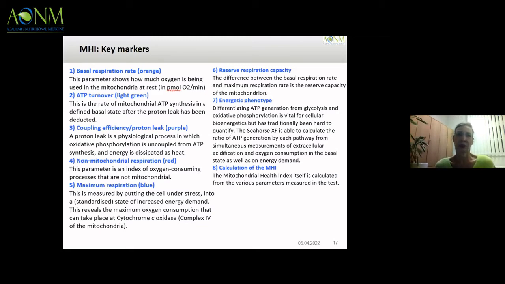From these key markers you calculate the MHI, the mitochondrial health index, which gives you a direction whether your cells are in good condition or in bad condition.